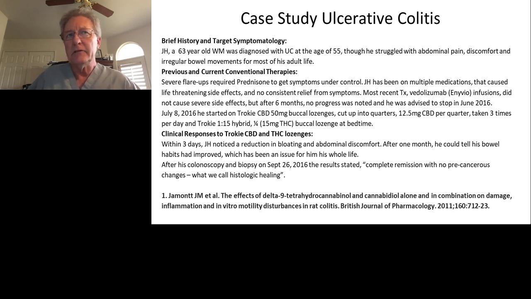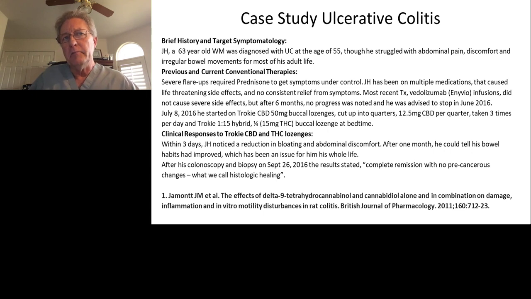He was cannabis naive. On 7/8/16, JH started CBD buccally 3 times a day and added after the 3rd day a 1:15 CBD to THC hybrid ratio buccal dose of it. This particular product was Trokie.